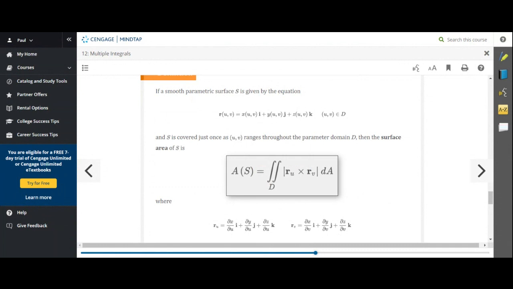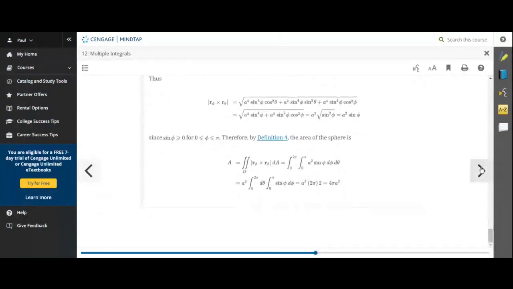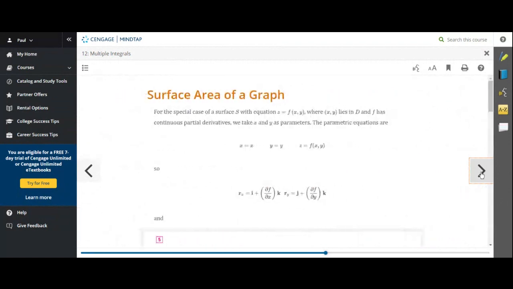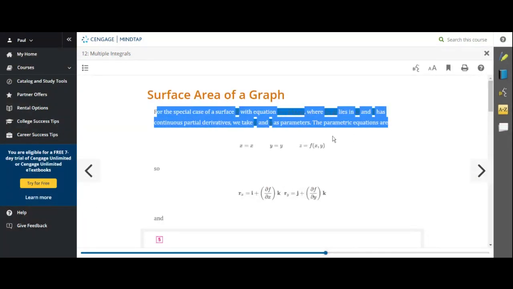I personally like to use this formula all the time, but let me just show you here. So let's say, hold on here. Let's say they talk about, hold on.